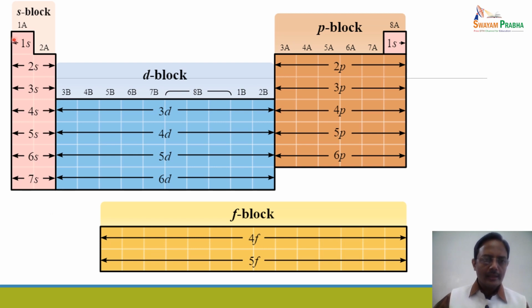So if you see, on the extreme left side, there are S block elements occupying only 2 columns because S subshell has a capacity of 2 electrons. P block elements occupy 6 groups because they have a capacity of 6 electrons.